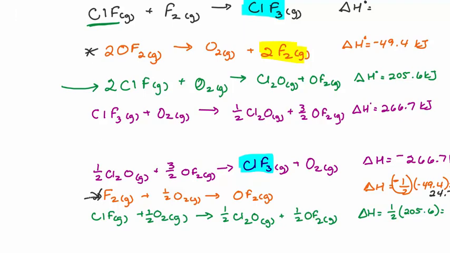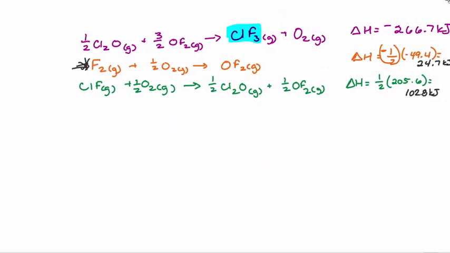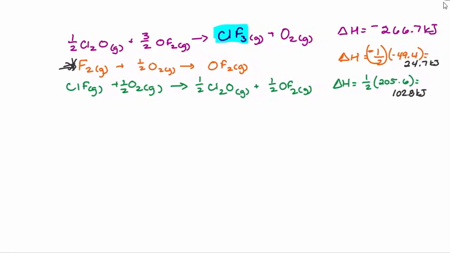This one goes with this one. So I have 24.7 kilojoules. That's the contribution that this step makes. So with this last step, this green step, I have a 1/2 times 205.6, which is 102.8 kilojoules. And that's the contribution that that step makes. And I just realized I'm a little bit off screen. Let's move this over a little bit.